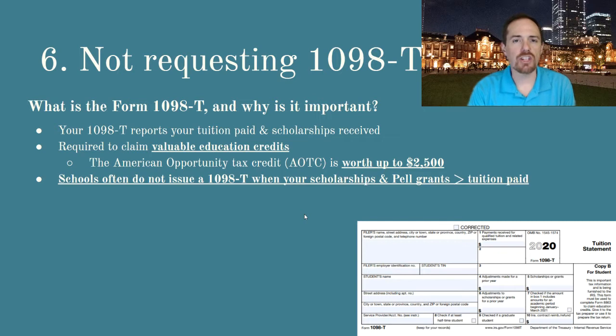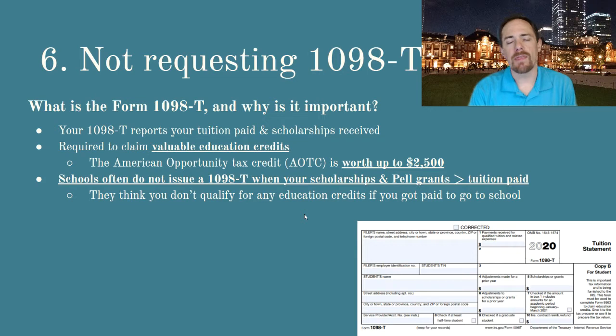Schools often don't issue a 1098-T when your scholarships or your Pell Grants are more than the tuition that you paid. They do this because they think, well, there's no reason for you to have a 1098-T because you're not going to be able to claim the American Opportunity Tax Credit because your tuition was paid entirely by scholarships and Pell Grants. They think that because you got paid to go to school, you don't qualify for the education credit.